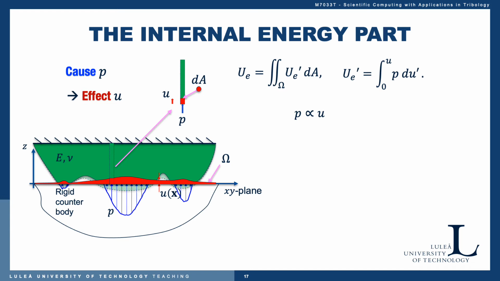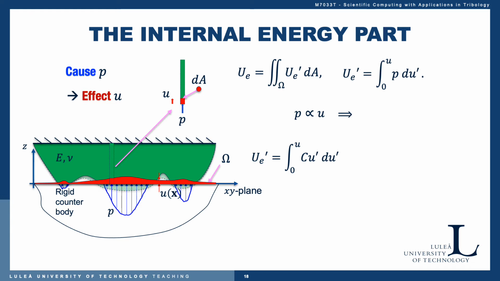And if we name this constant of proportionality between U and P, we can replace P in the integral for the elastic surface energy with Cu, or Cu prime, since U prime is the dummy variable.